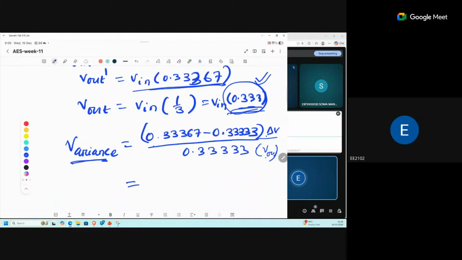This formula, right? You calculate and tell me how much you are getting. 0.00109651220072. Percentage you have to convert, right?